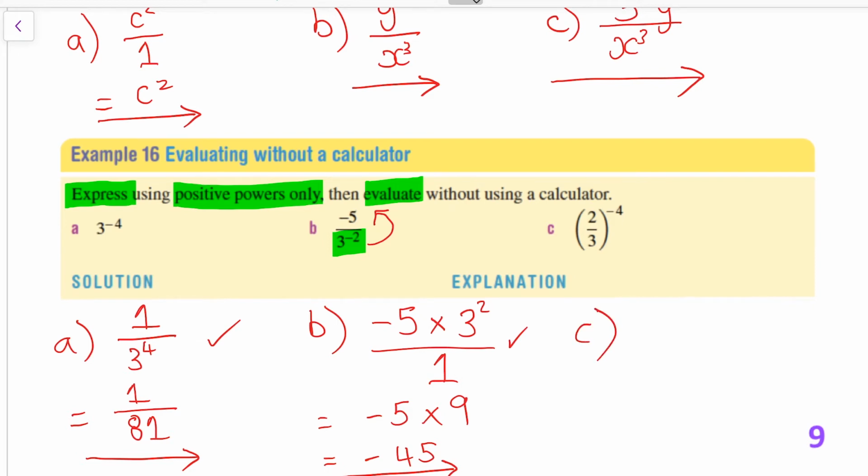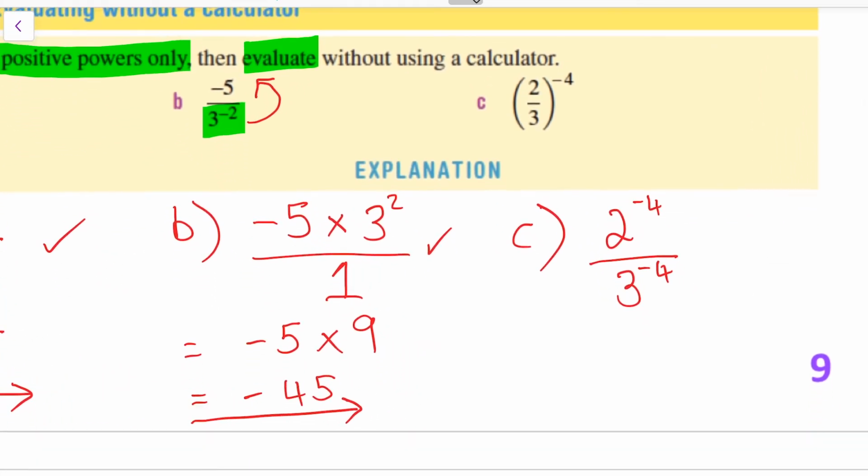Part C. We've got the fractions, and now we're putting into place one of our index laws, I think it's index law number 4, where the negative 4 is going to join the 2 and the 3. So step number 1 in this scenario is you actually need to get rid of the brackets first. So you're applying a first index law that we've already learnt.